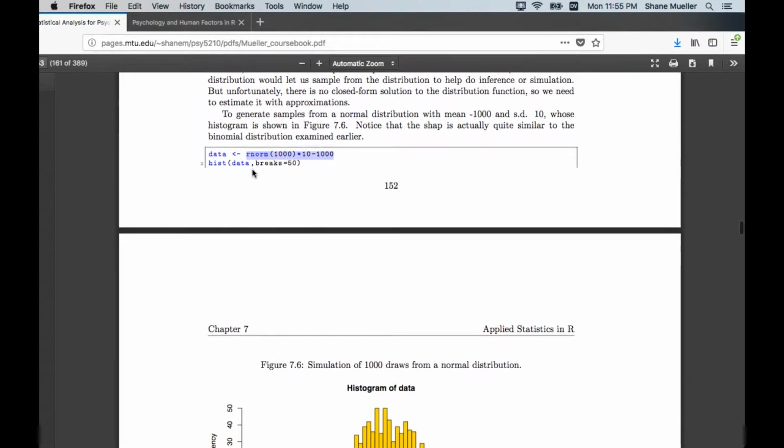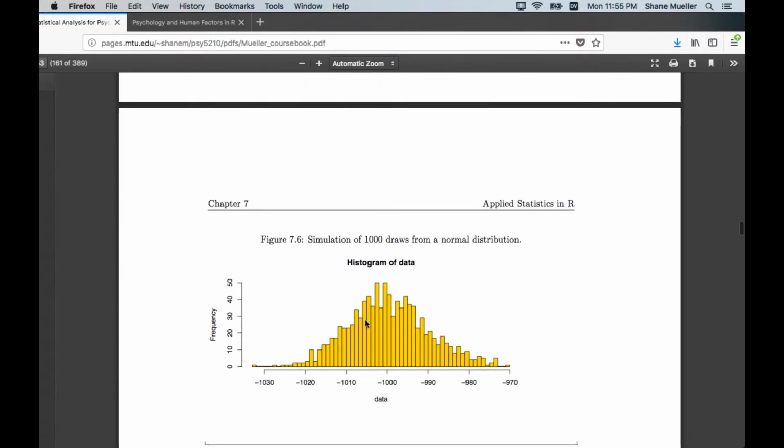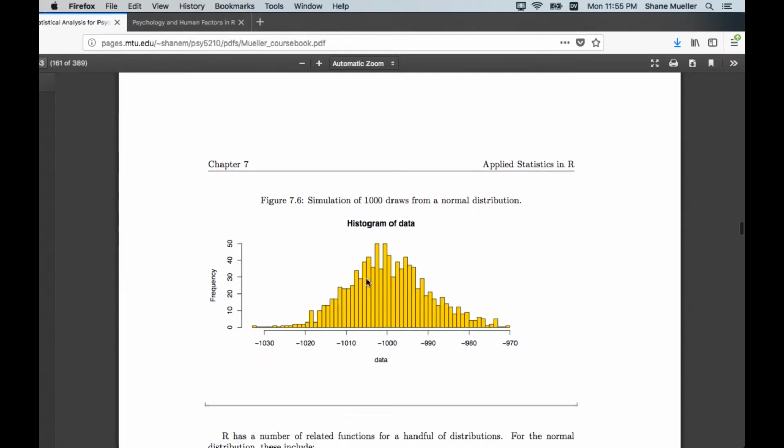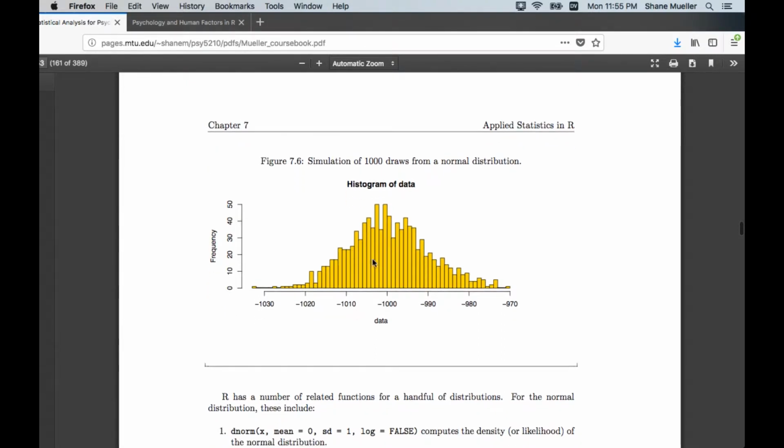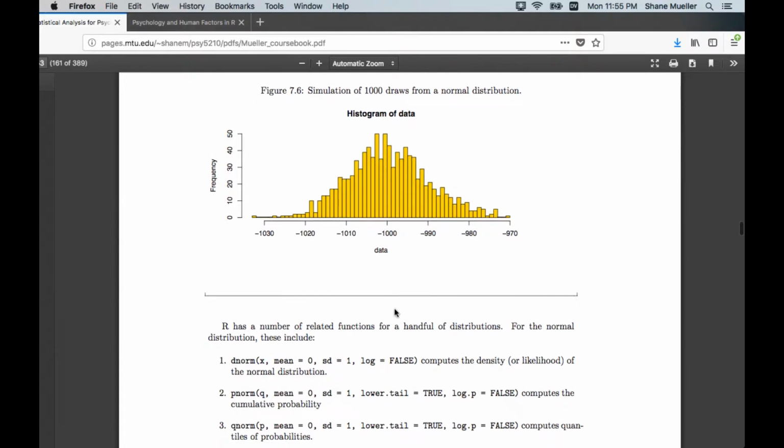If I generate that and do a histogram, here's one sample from 1,000 draws from a normal distribution, and that's what it looks like in a histogram with bins this size. It's jaggedy. It's not going to be extremely smooth. We only have 50 in each bin, so sometimes it goes 50, sometimes 40. And then down here we only have 10 or 5, so we see fuzziness around the shape of this distribution.